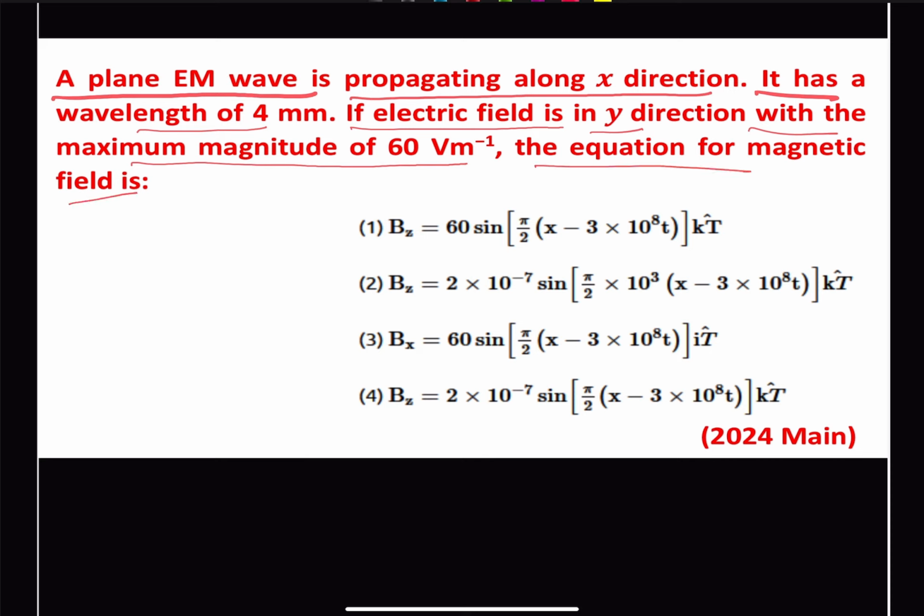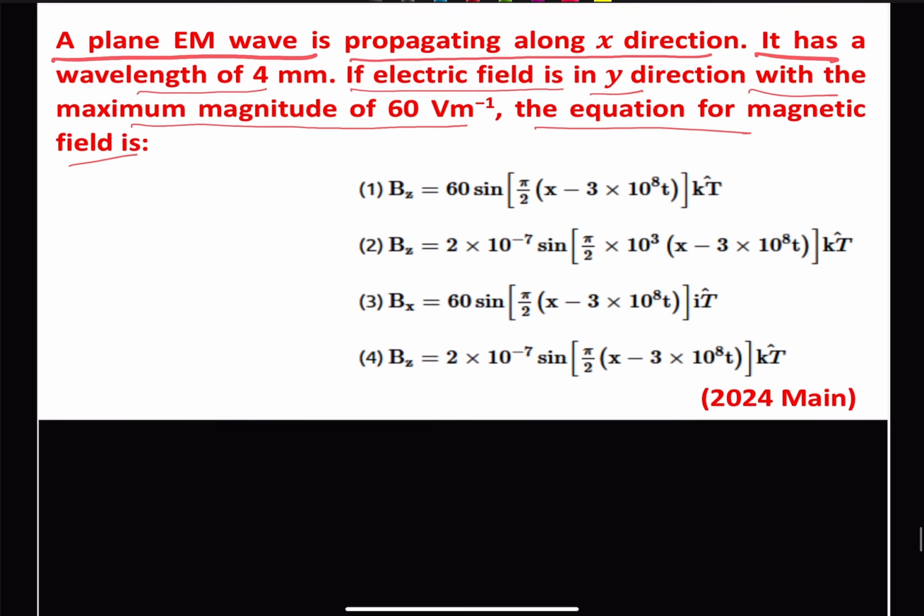So this is directly based on the formula, except we have to find two things. First, the frequency, and second, the wave vector. The relationship of the magnetic field with the electric field is quite simple, we already know it.